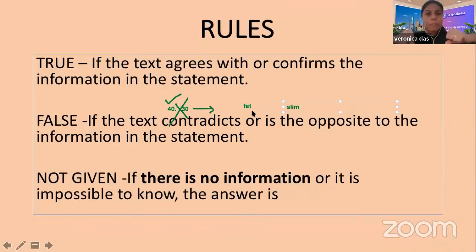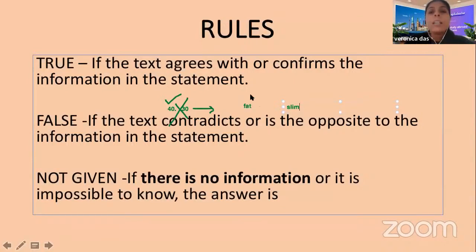This is fat. What is slim? This is slim. This is the opposite. What is the opposite of fat? Can you tell me what is the opposite of fat? Another word for fat. Very good, Nishchay. Thin, right? Otherwise, slim, right?